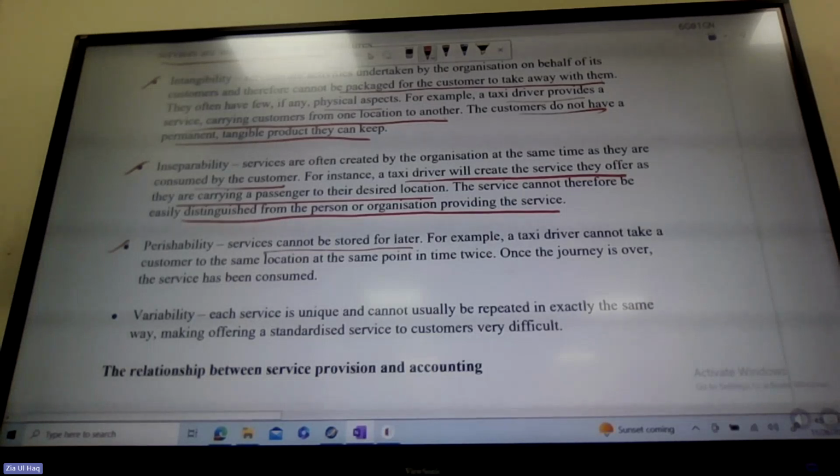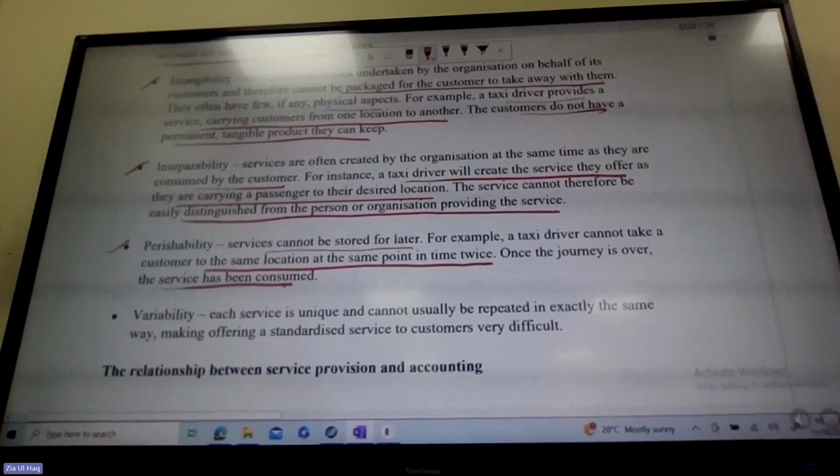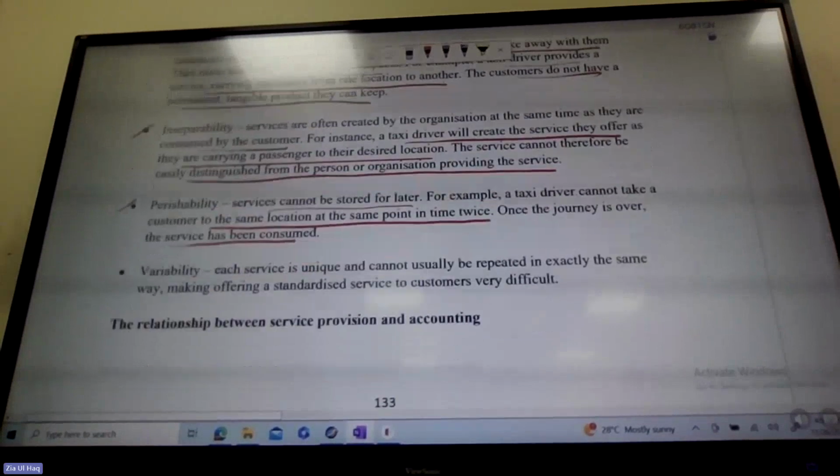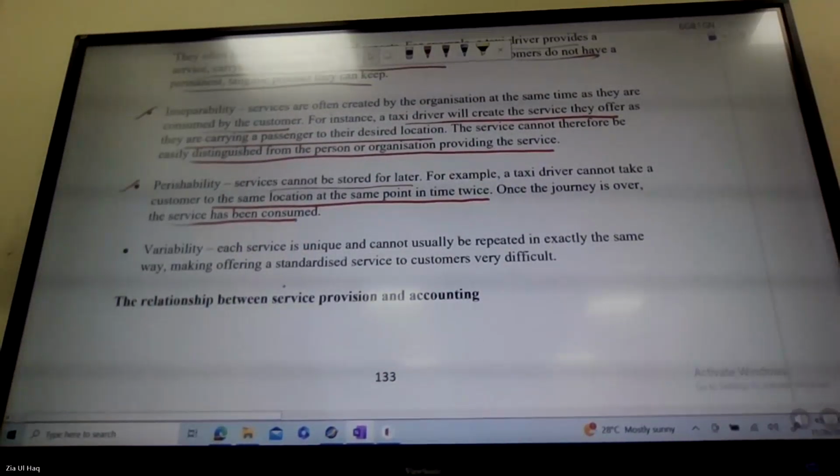No, they cannot be stored. For example, a taxi driver cannot take a customer to the same location at the same point in time twice. Once the journey is over, the service has been consumed. You cannot store that. And variability.